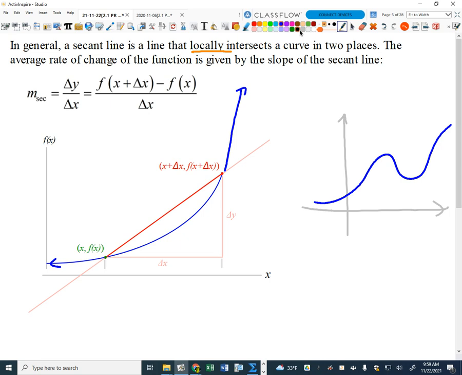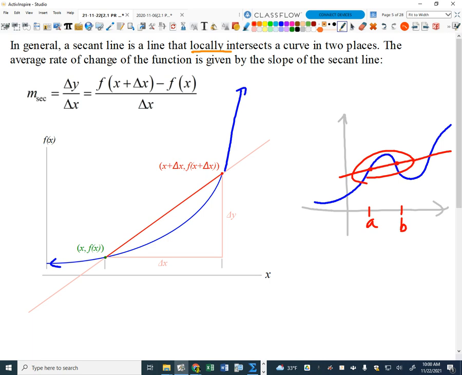It might be, for example, that I want to find the secant line from A to B, so from there to there. And so there are the two intersections I'm interested in, right? Now it turns out there's this other incidental intersection over here, but we're not really concerned about that one. We're just concerned about these two. So that's why we say locally. There might be other intersections, but we're not really focusing on those.